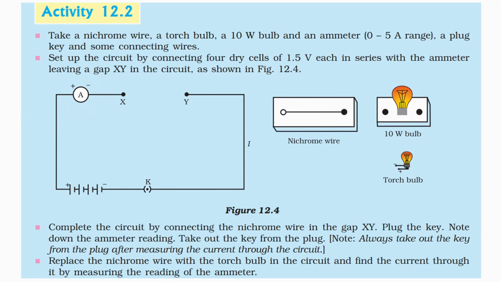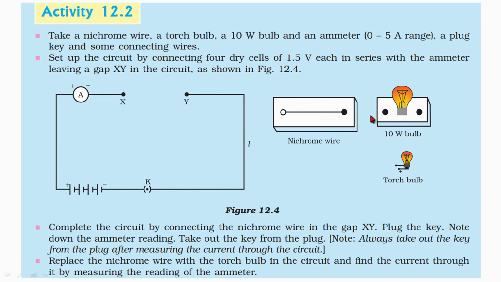What is the interpretation? The interpretation of the activity is that when we place nichrome wire, which is a good conductor of electricity, the current will flow. There will be less resistance, so more current will flow. When we place torch bulb in between XY, the flowing current will be less.